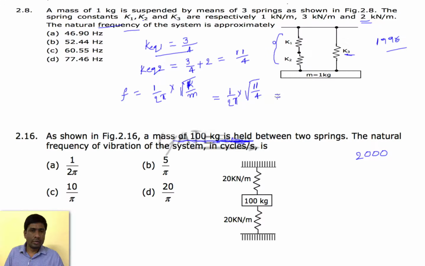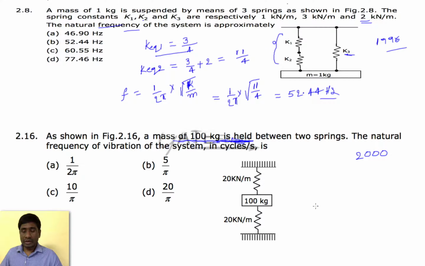Then we will get approximately the answer as 52.44 Hz.